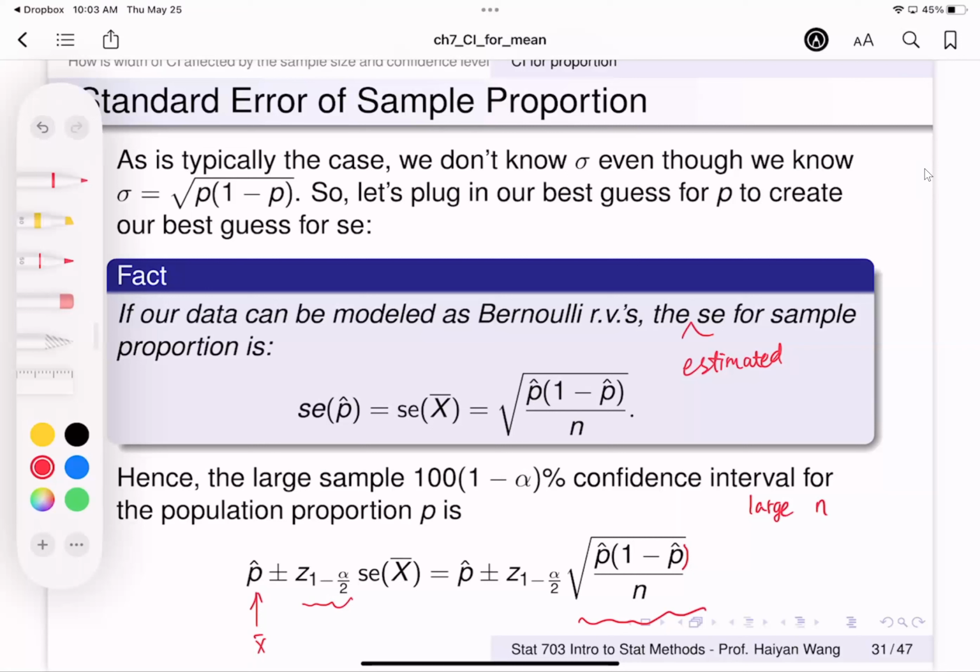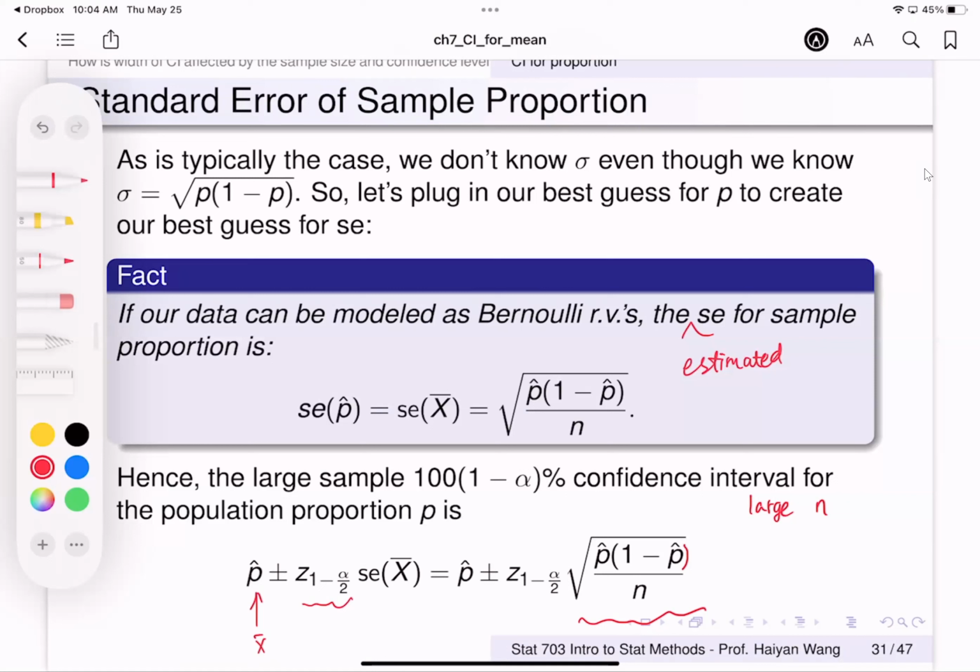How large do we need n to be in this case? That depends on p. If p is pretty small, close to 0, or very large, close to 1, because p is always between 0 and 1, then in either case the variation will become close to 0, and this estimate is no longer actually good.